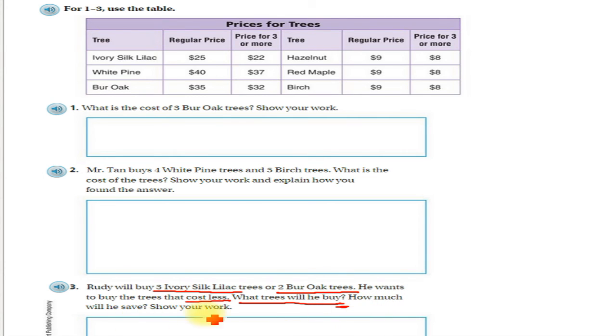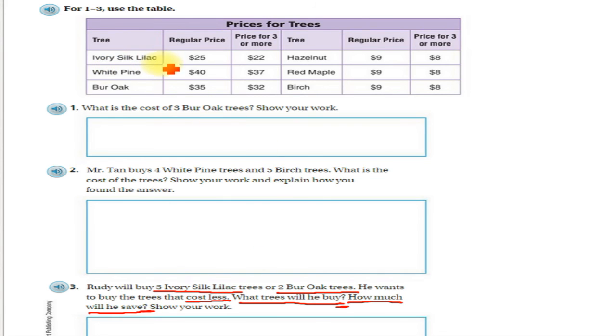And then the second question, you notice there's a second question mark, says how much will he save by picking the cheaper option? Well, to figure that out, we have to find the cost of the lilacs and the cost of the bur oaks. So there's 3 ivory silk lilacs.